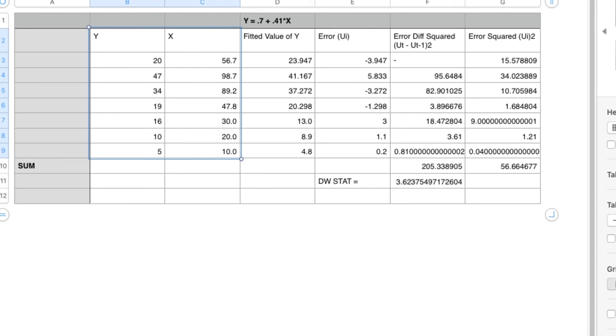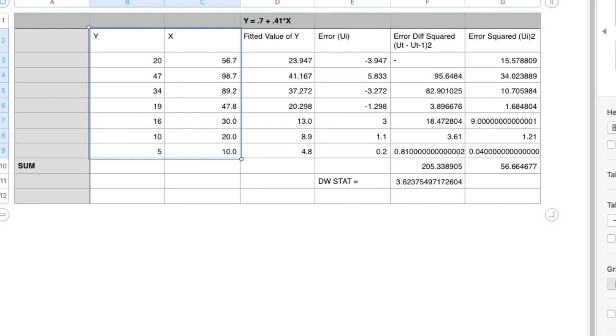Similarly, if we take the second consecutive pair of error terms, that is 5.833 and minus 3.272, and take the difference, again they have opposite signs, so I add them up. Again, it is going to be slightly more than 9, and when I square it, I'm going to get something like 82.9, right? For the next pair, I get minus 3.27 and minus 1.29.